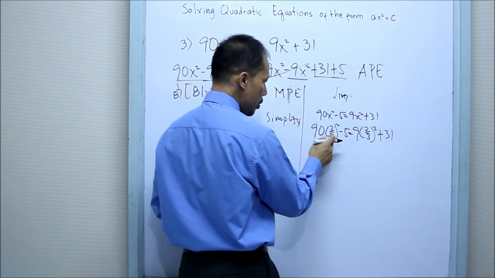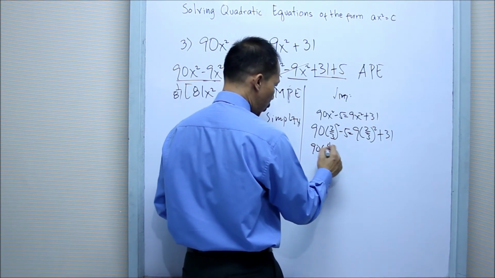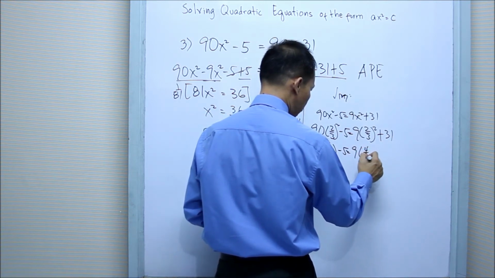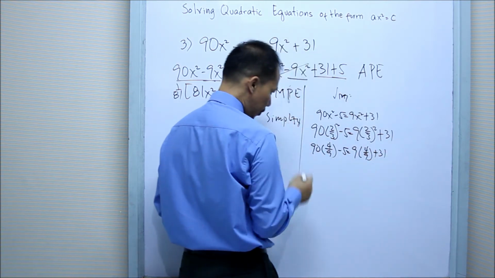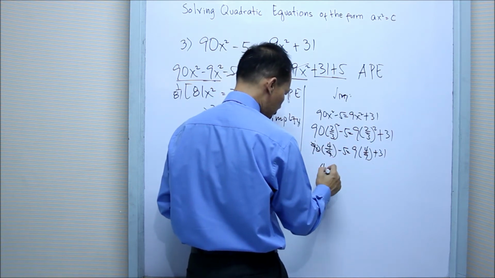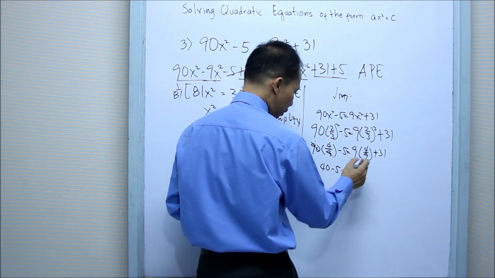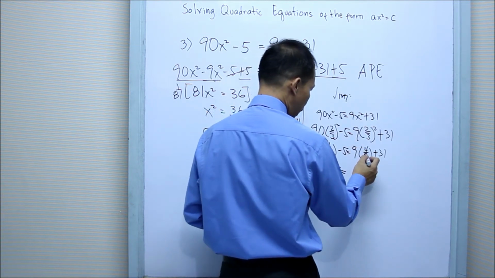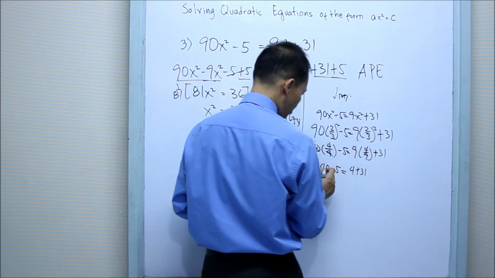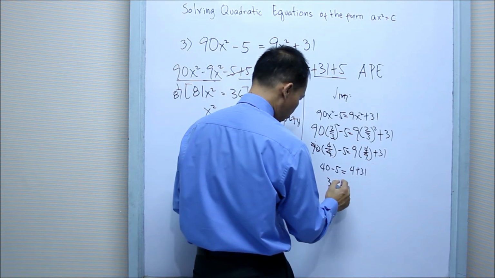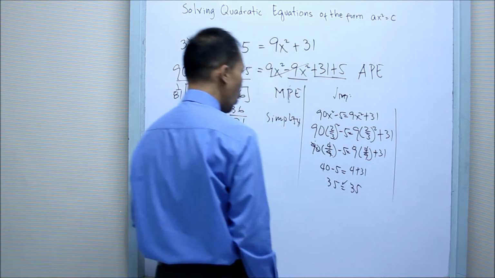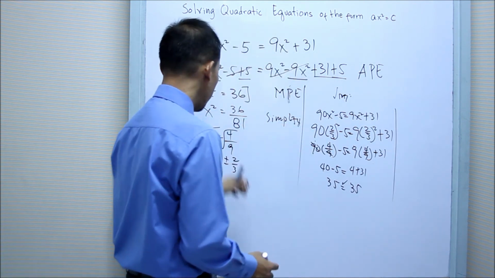So squaring this, I will have 4 over 9 minus 5 equals 4 over 9 plus 31. So dividing this, I will have here 10 times 4, 40 minus 5. Dividing this, I will have 4 plus 31. And then subtraction, 35. Addition, 35. So that is correct.